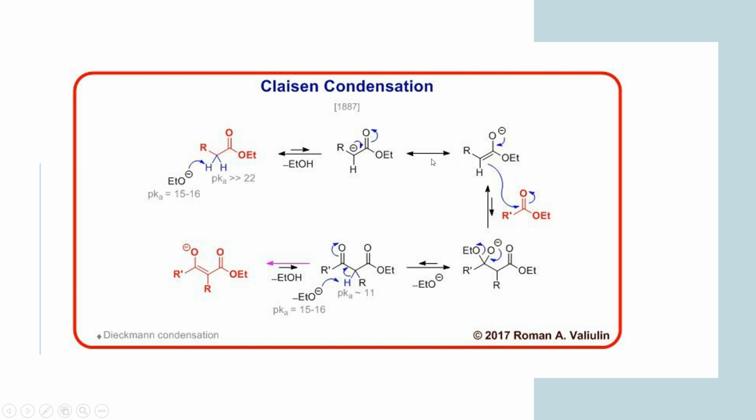So enolate is the main intermediate which forms in Claisen condensation. Then we introduce the second substrate for the condensation reaction. This could be another molecule of ester or a carbonyl compound, maybe a ketone or aldehyde.